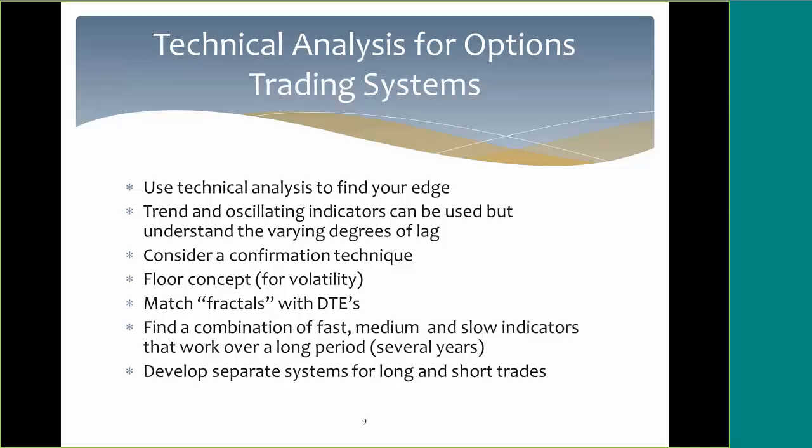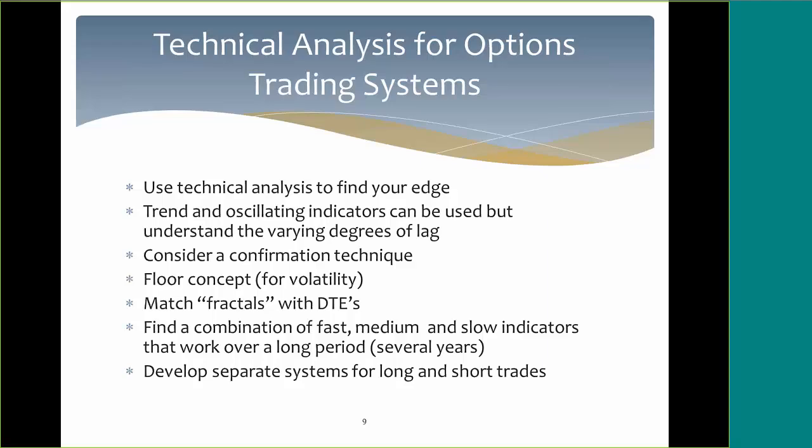That's a big mismatch. Likewise, if you're trading weeklies and looking to be in a position for only maybe 3-4 days, a 200-day moving average isn't going to do a thing for you. Those are, of course, extreme examples, but that's what I mean about fractals needing to match the DTEs.